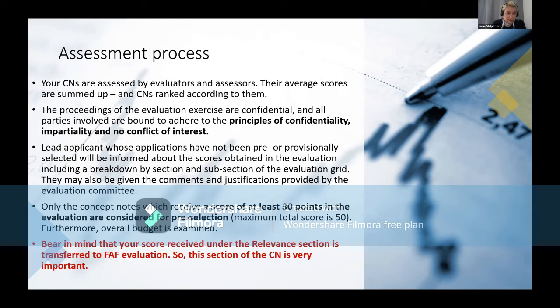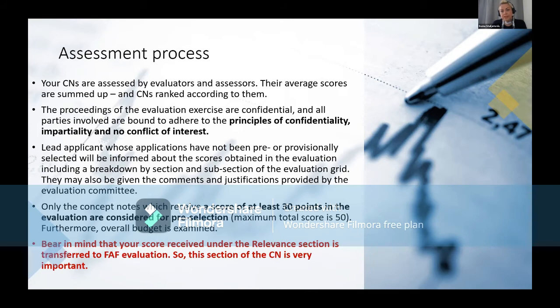The proceedings, so all the actions that are done in the evaluation process, are strictly confidential. And all parties, meaning the members of the evaluation committee together with the assessors, are bound to respect the principle of confidentiality, impartiality, and no conflict of interest.